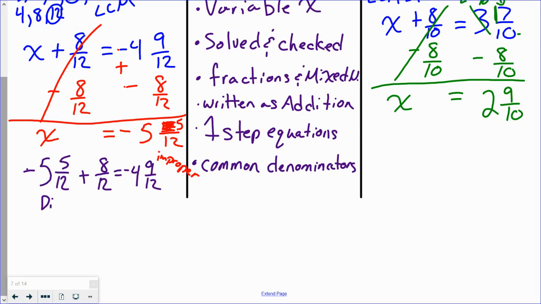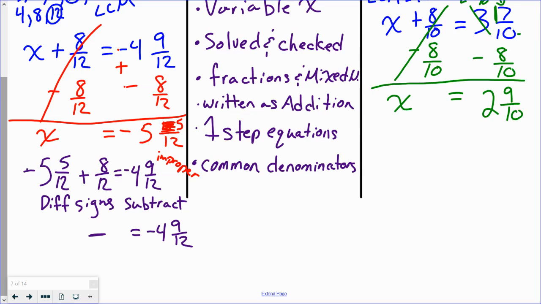So remember our rule, if we have different signs, we're really subtracting. Then we're keeping the sign of the higher value. Well, 5 is greater than a whole number of 1. So I know my answer is going to be a negative. We want to know, though, is it going to be a negative 4 and 9/12?